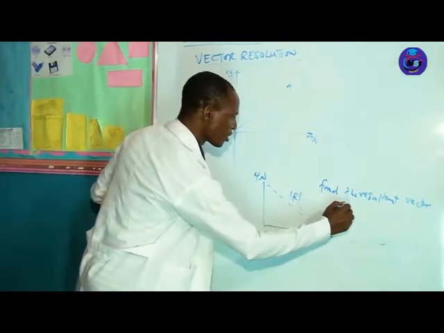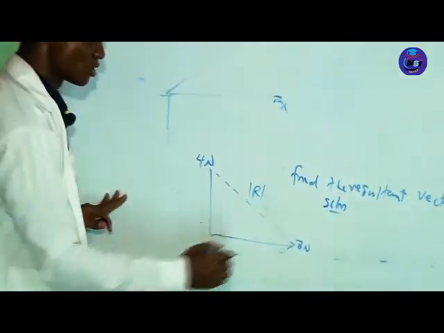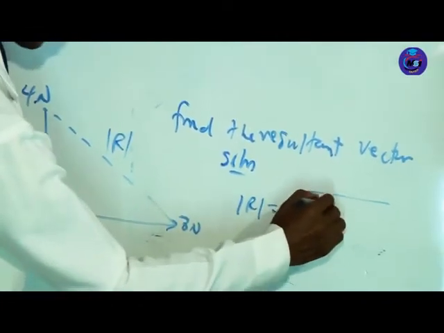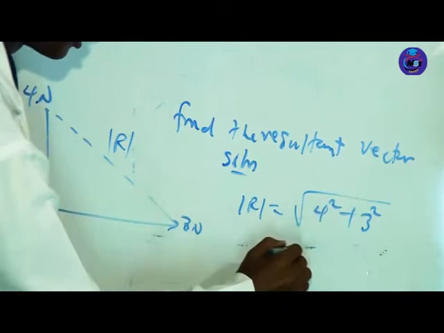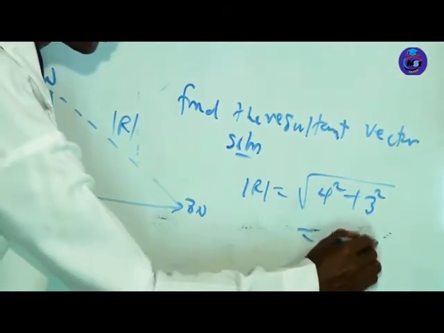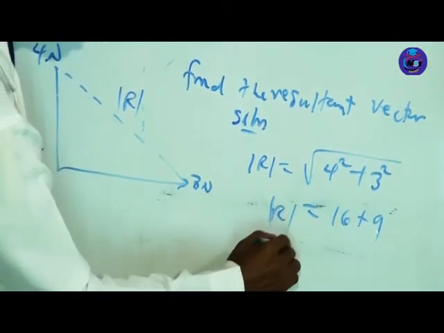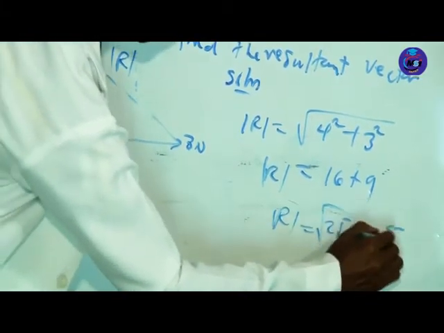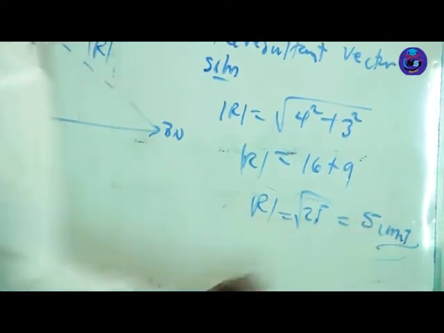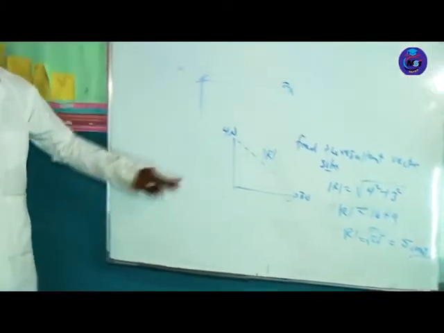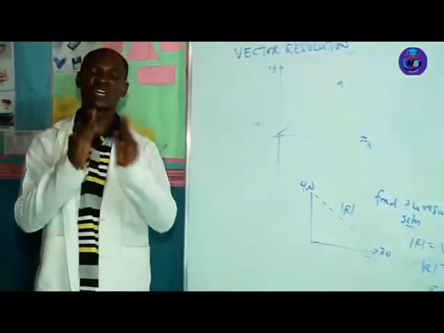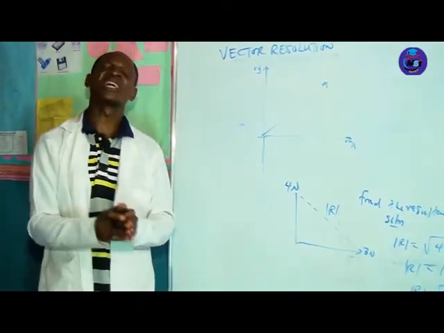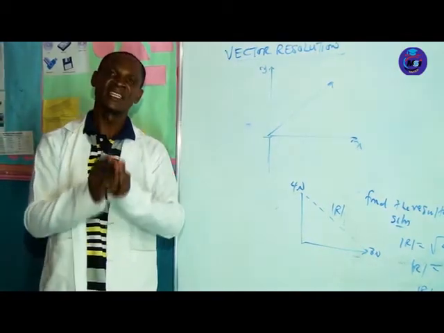So the solution will now be, R equal to root of 4 squared plus 3 squared, which is equal to 16 plus 9. So R will now be equal to root of 25, which is 5 units. So that is the resultant vector, because this vector is already on the y-axis and on the x-axis. To determine the resultant is very, very easy.